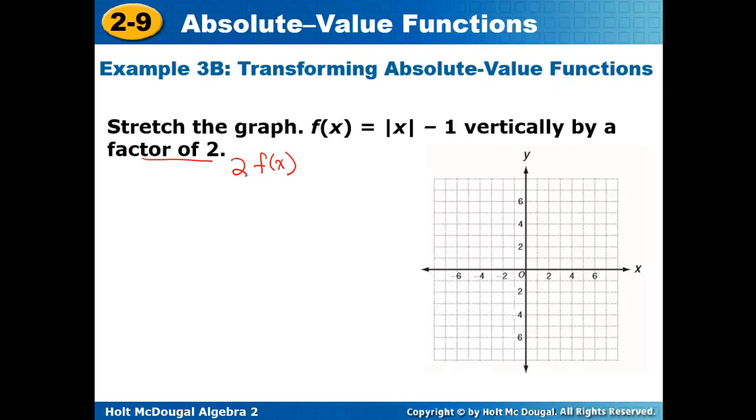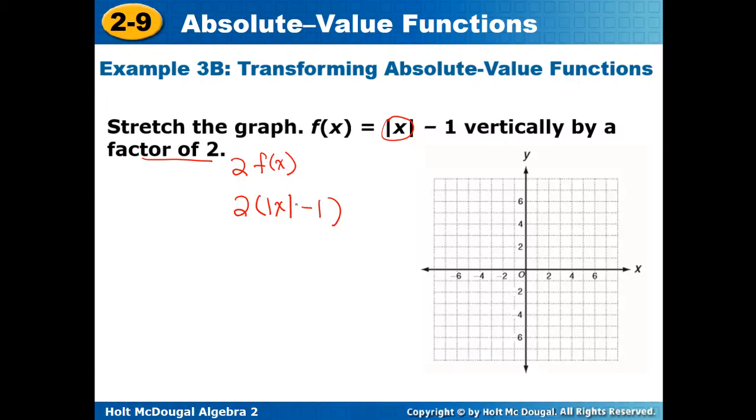So 2 times our f of x. Well, it turns out that our f of x is actually absolute value of x minus 1. So we're going to say 2 times the absolute value of x minus 1.